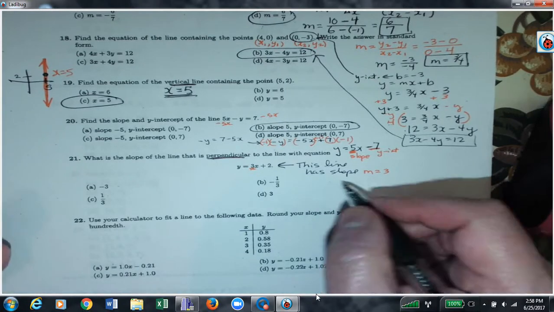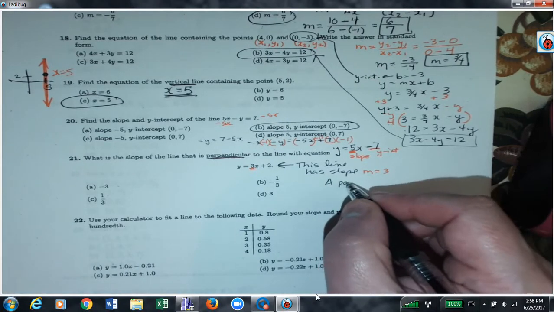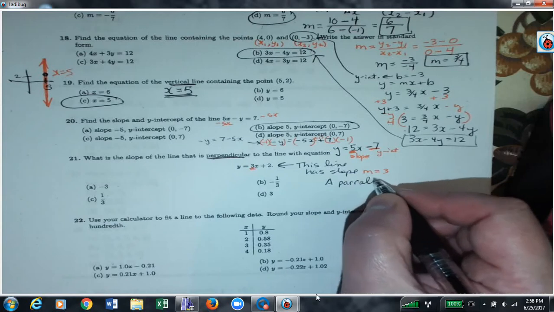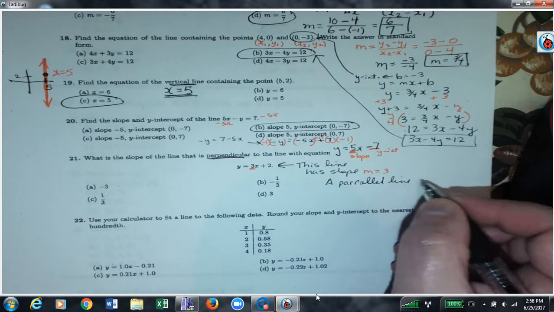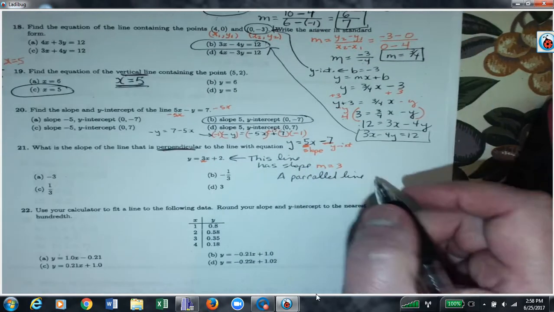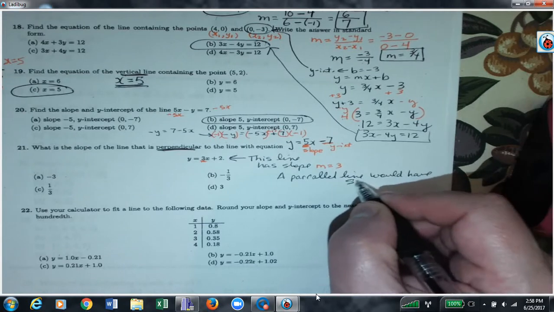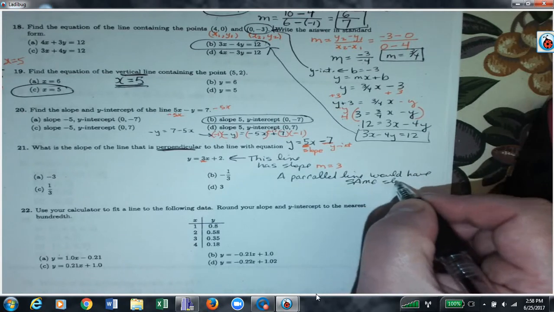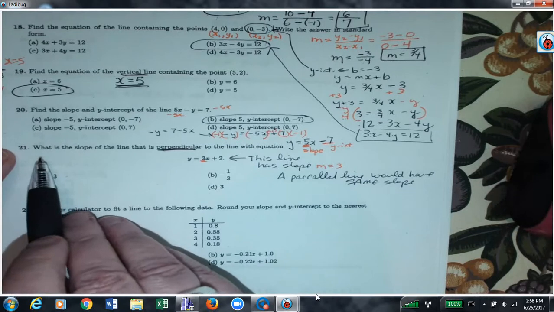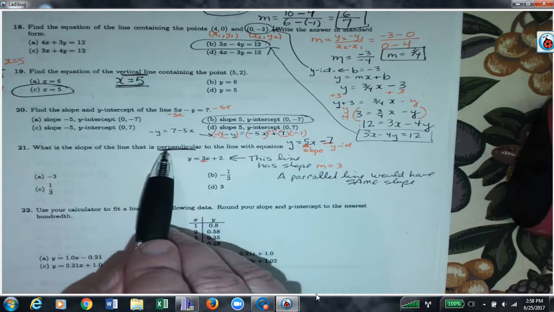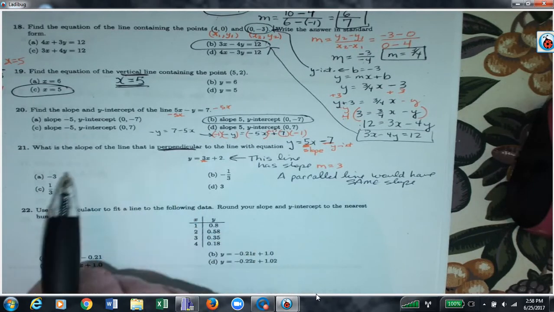Now, any line parallel to it would have the same slope. Because on the final exam, you might get the exact same question, but it might say parallel instead of perpendicular.